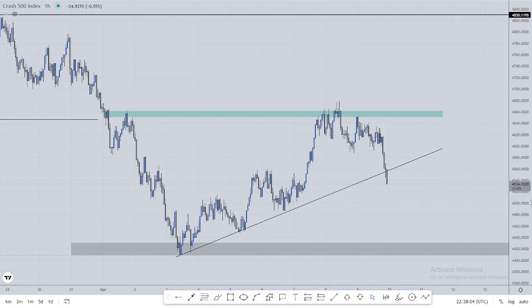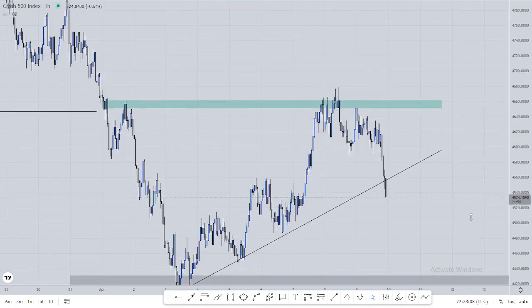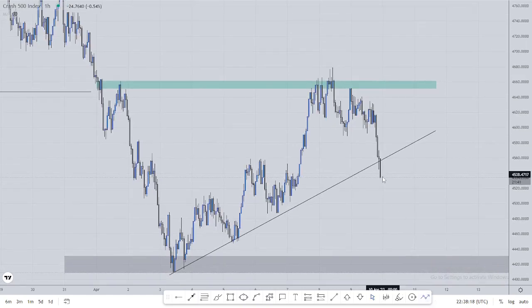Right, so according to our trading nature of support and resistance, we know that once it is broken like that, we simply expect a pullback into the zone before we continue all the way down.